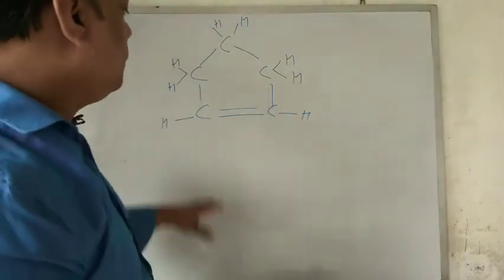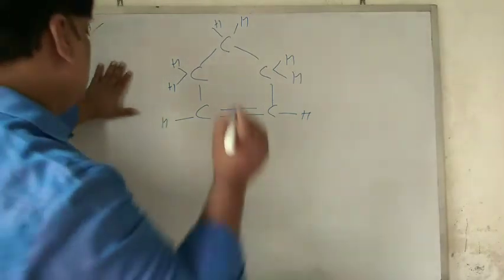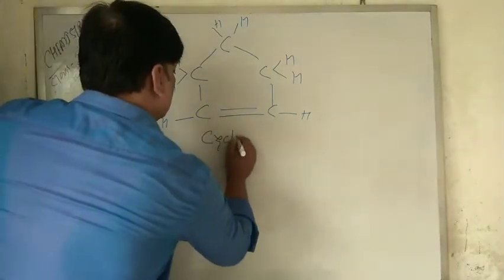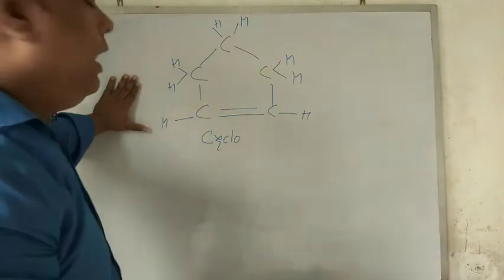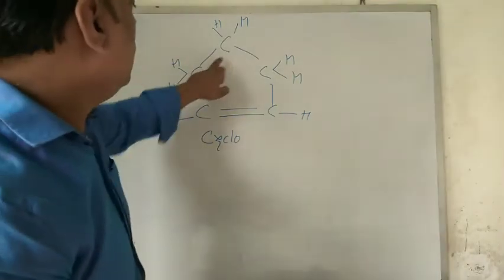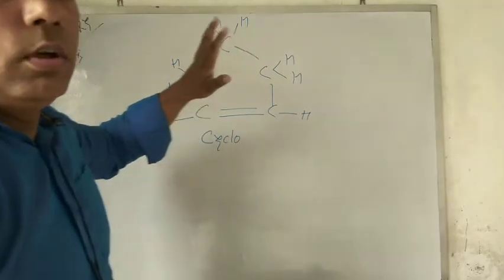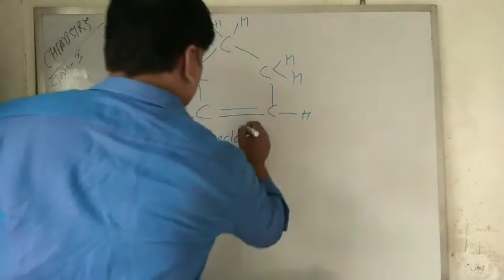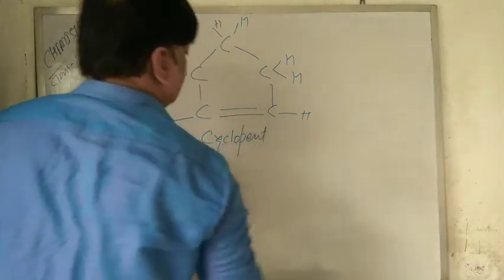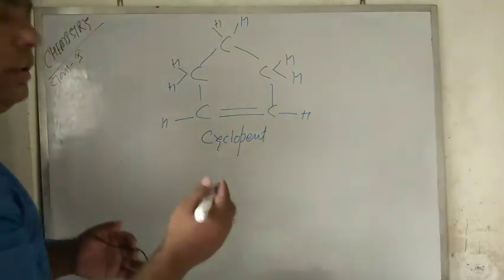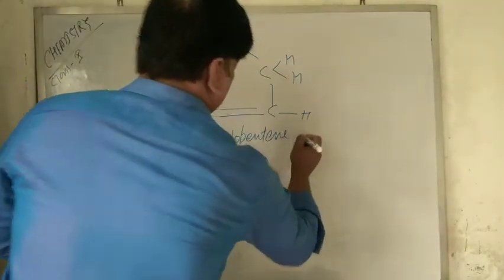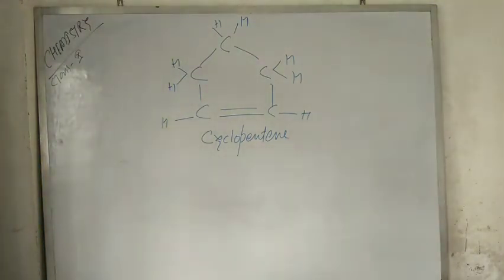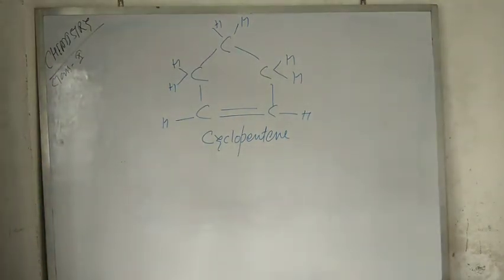So what is the name of that compound? The first word is cyclo, that is our prefix. For 5 carbons, our root word will be pent. And for a double bond, it's ene. So the name of that compound is cyclopentene, right?